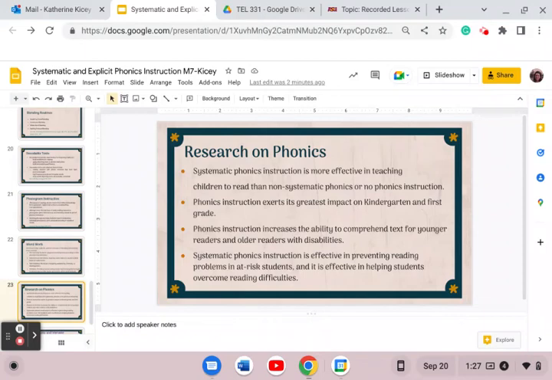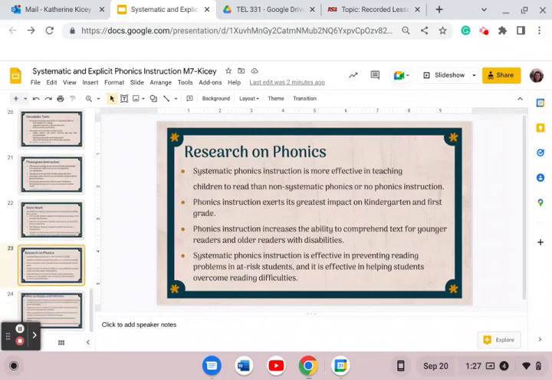Also, systematic phonics instruction, which is what we're talking about, is efficient in preventing reading problems in at-risk students. So it's making sure that that base of learning how to read is on point. You're not only putting in reading as a solid base, but you're also making sure that child has a solid base in oral language and spelling as well.